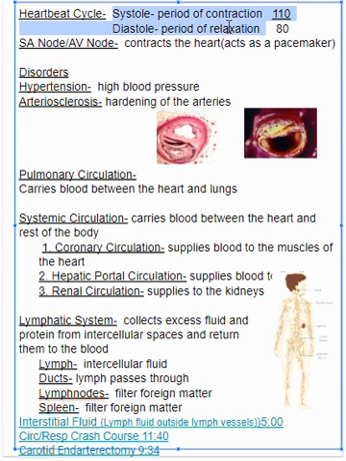The higher number is the high pressure contraction phase, and then the lower number, the smaller number, is the relaxation phase. It's low pressure.